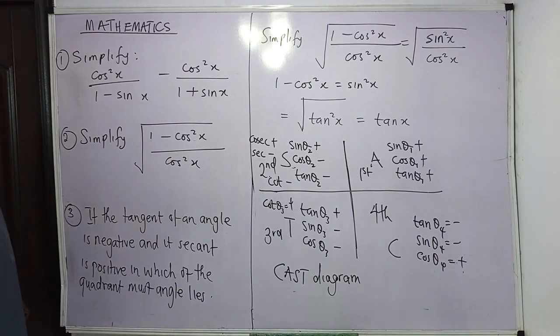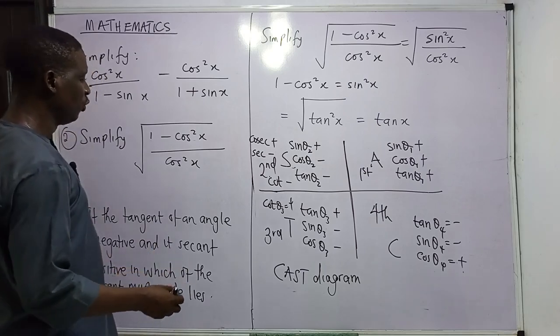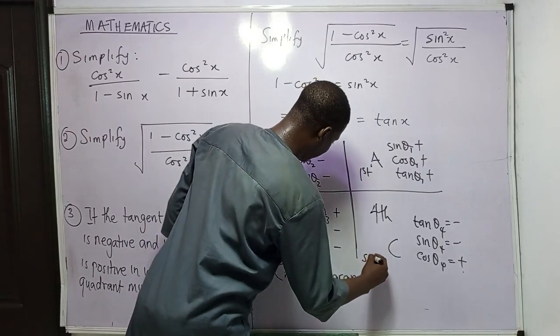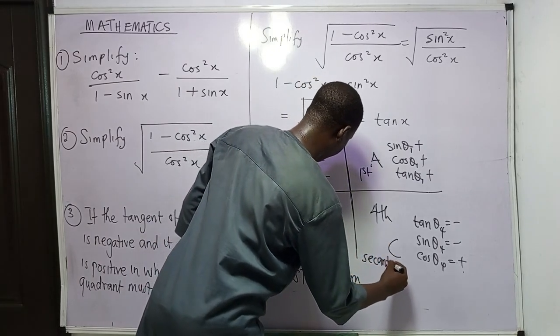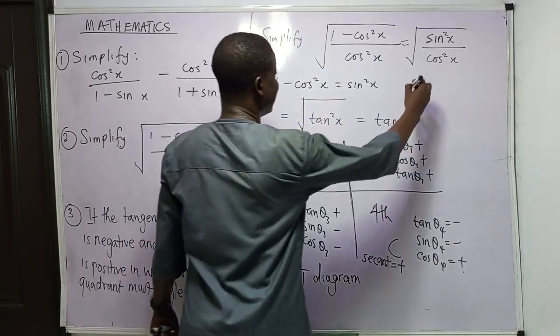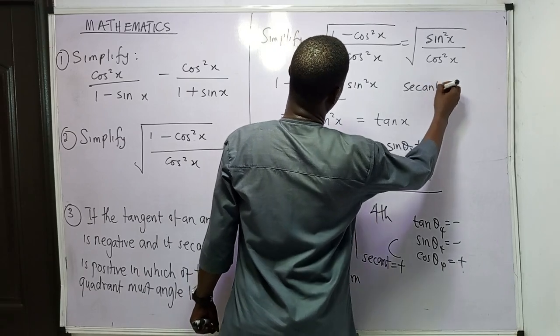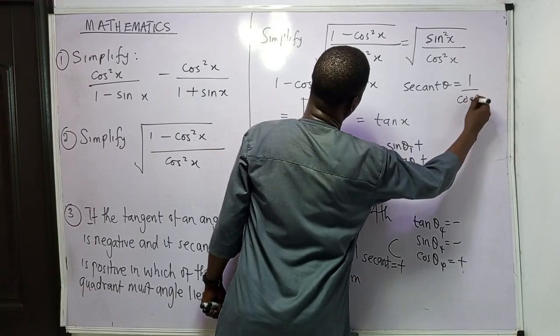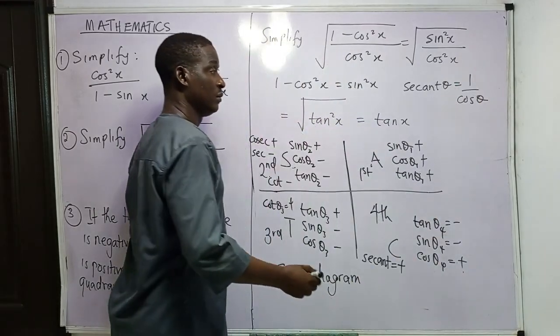So if the tangent of an angle is negative and the secant is positive, the only place secant can be positive is here. Secant is positive here because cos is positive. Don't forget, secant of an angle is equal to 1 over cos of an angle.